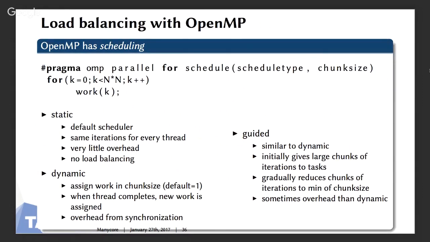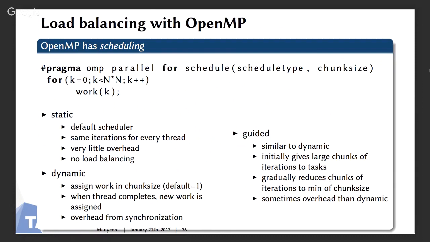So, load balancing with OpenMP. Again, OpenMP is kind of the most common paradigm that we have right now for doing multitasking, or in the context of OpenMP, it's called multi-threading. When you want to parallelize, hopefully most of you are at least familiar with this pragma statement up here, pragma omp parallel for.